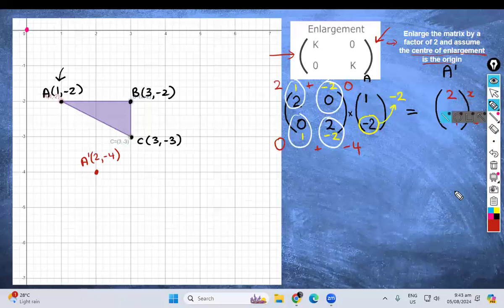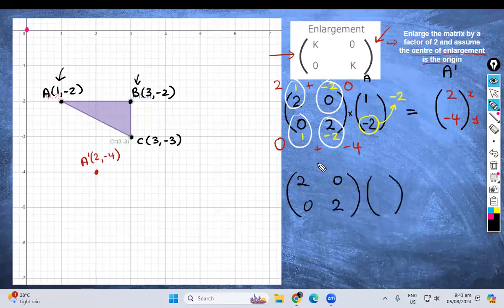So now, I'm not going to make you do all of them. But to calculate point B, you would put the matrix C, 2 0 0 2, and multiply by point B, which is (3, -2). Once again, the X coordinate goes on top and the Y coordinate goes underneath. When you take this matrix and multiply it by this, I guarantee you, if you take your time and let everybody swing up to the top and move it across, we're going to get 6 and minus 4.